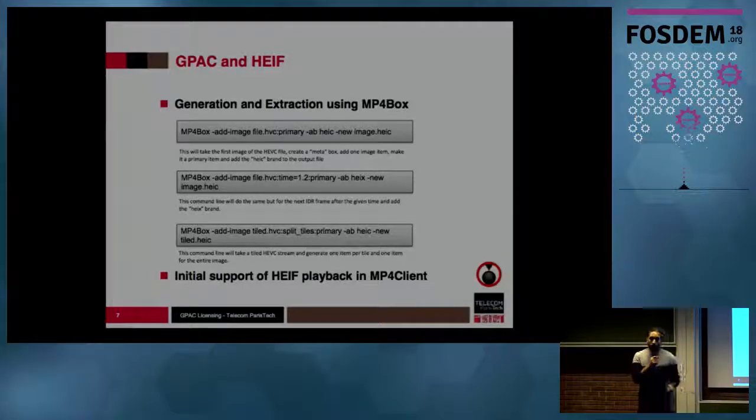The second command will do the same thing, but for the next I-frame after the given time, and add the HEIX brand. And the last one will take the tiled HEVC stream and generate one item per tile and one item for the whole image.